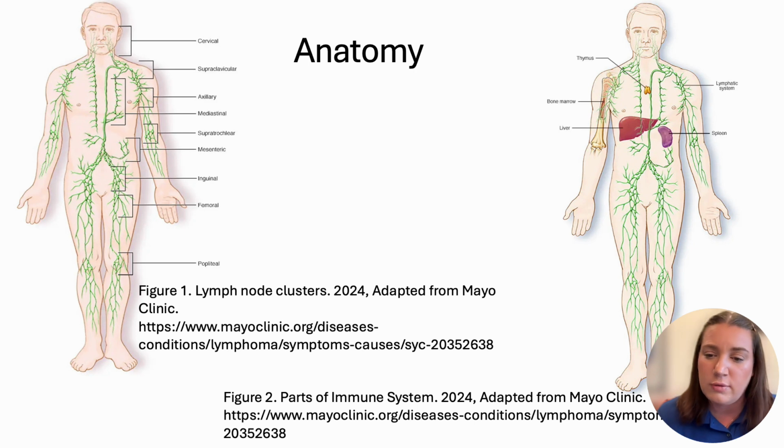These are all part of our lymphatic system and organs that can be highly affected by lymphoma. The lymphatic system is part of our body's immune system, which protects against infections and disease.